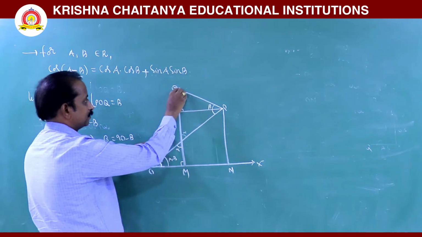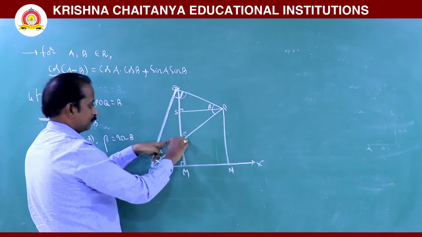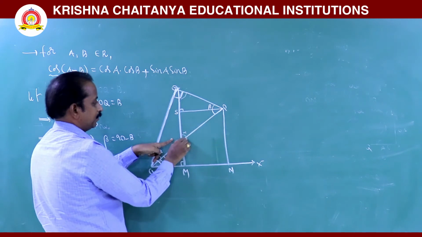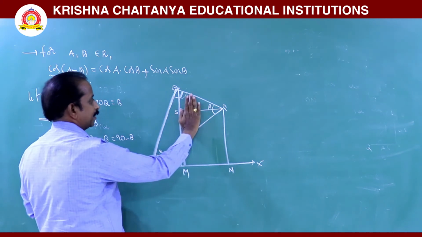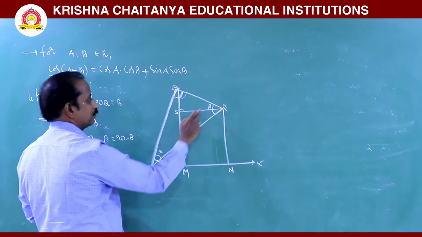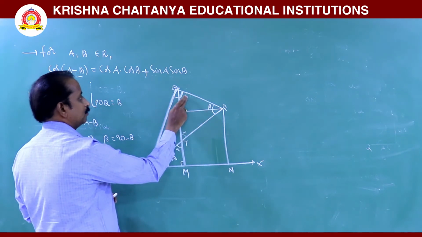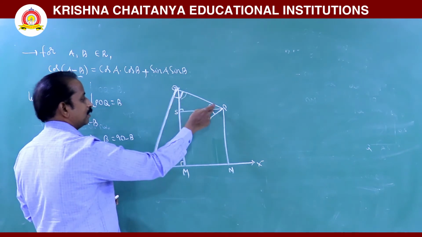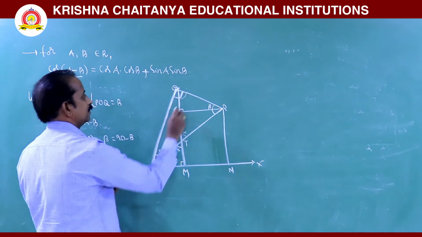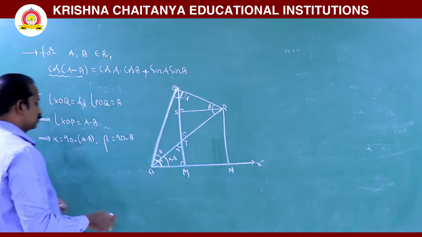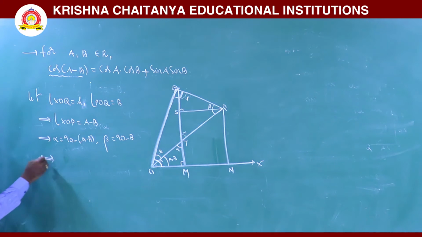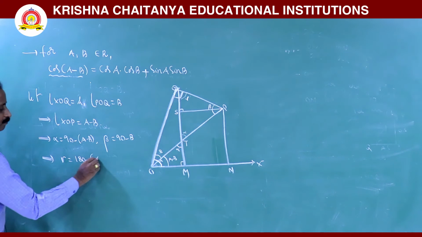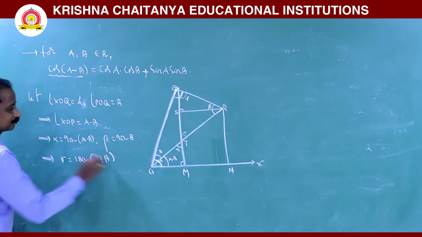And now consider Q, T, P. So here is the triangle. Of this triangle, we know two angles. How to get this angle? To get this angle, 180 minus of alpha plus beta. If you consider this is gamma, then gamma is equal to 180 minus of alpha plus beta.